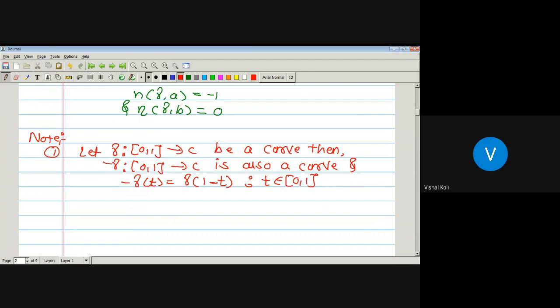And the index of the curve minus gamma around a point A is nothing but minus of the index of the curve gamma around the point A.